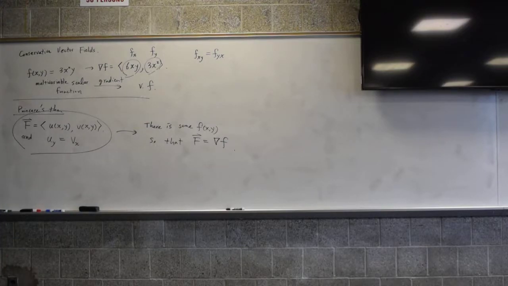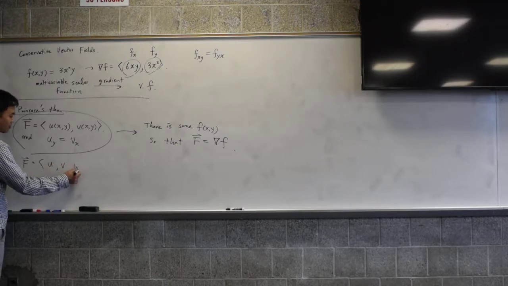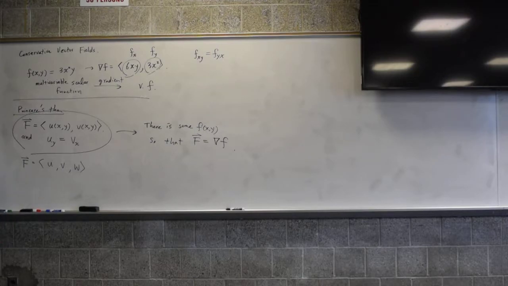Now, for 3 dimensions, you can ask the same thing. If you had u, v, w, all functions of x, y, and z, how would you know that it's a gradient of some scalar function? Well, you're thinking of this as f differentiated by x, f differentiated by y, and f differentiated by z. So you actually have to check 3 things.